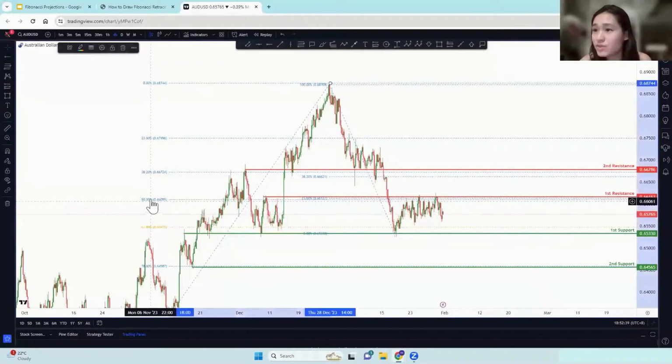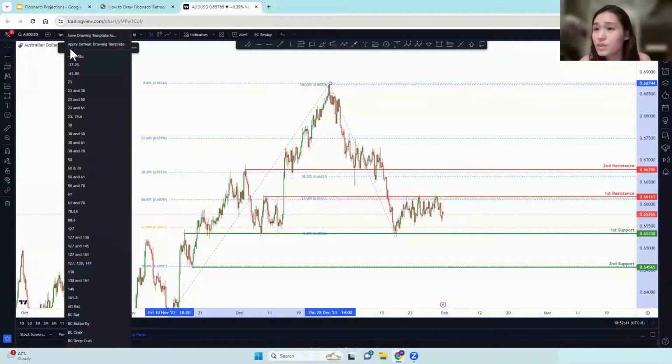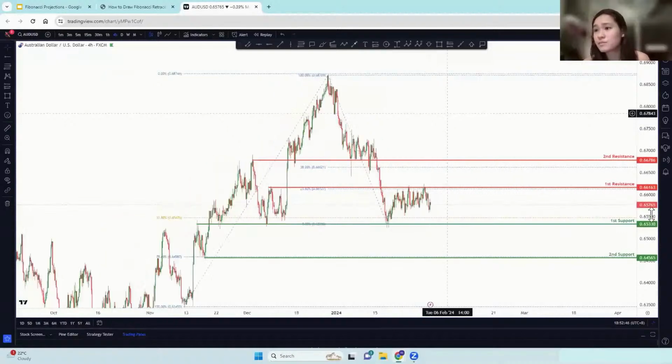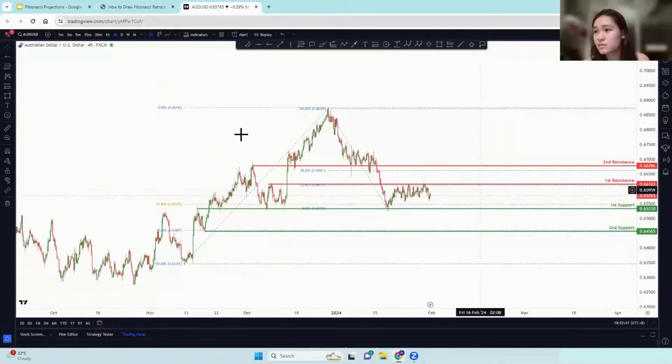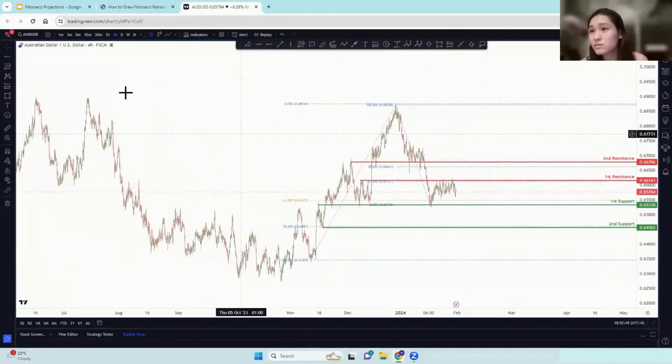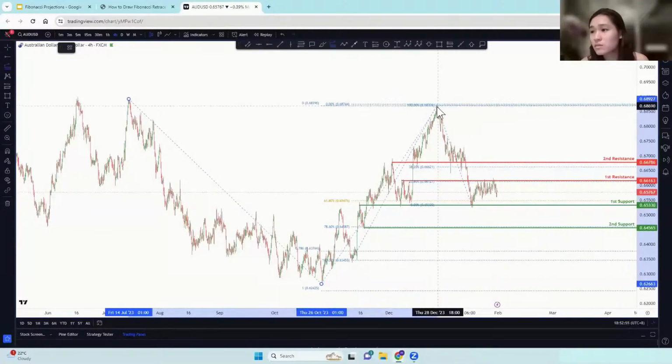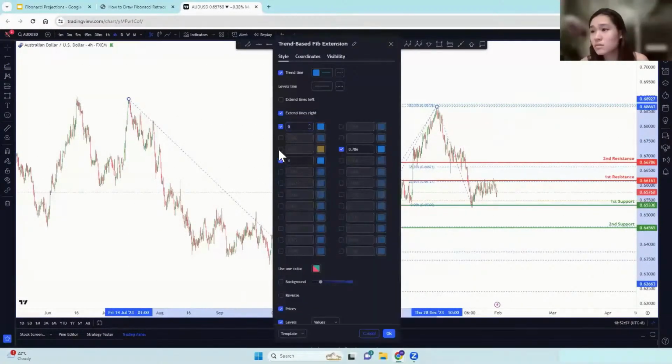Same goes for this 50%. So we can only keep our 61 and 78. Okay, and my 61 also lines up with my second support.